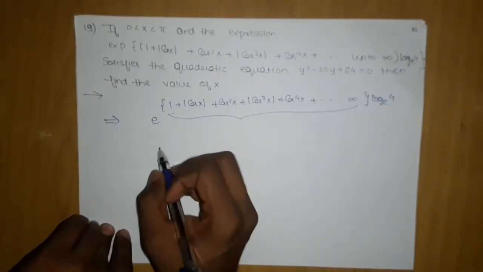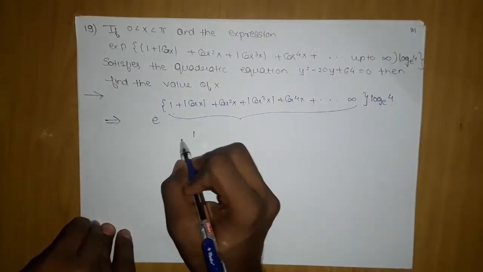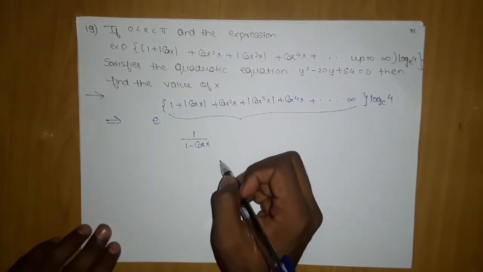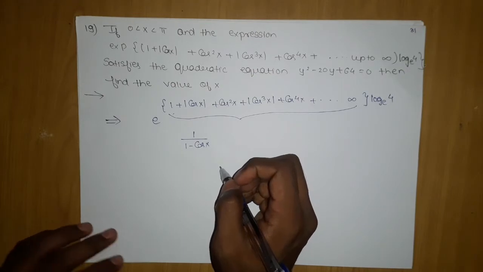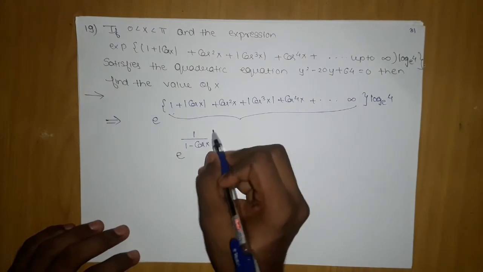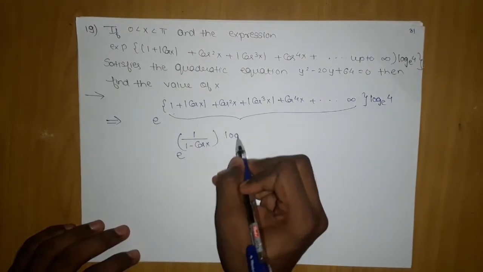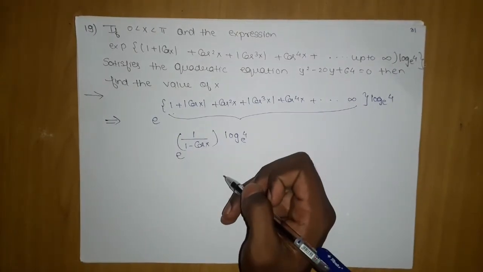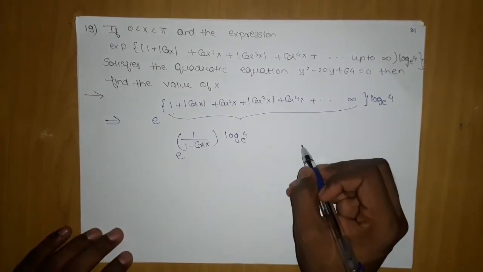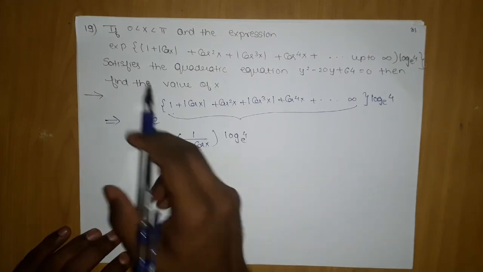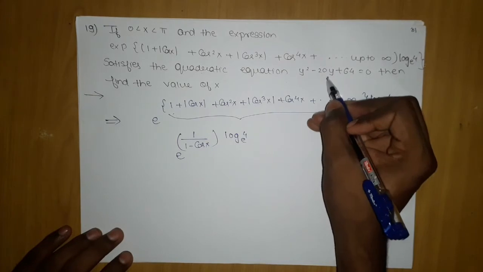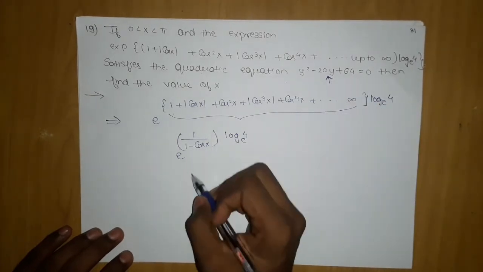So I will apply the infinite GP formula, 1 upon 1 minus |cos x|, and the moment we apply this, it converts into this, with log 4 to the base e. This satisfies the quadratic equation, which means whatever the roots of this quadratic equation are, it should satisfy this.